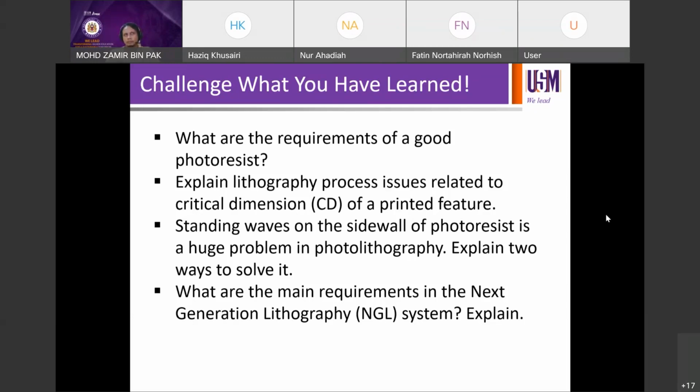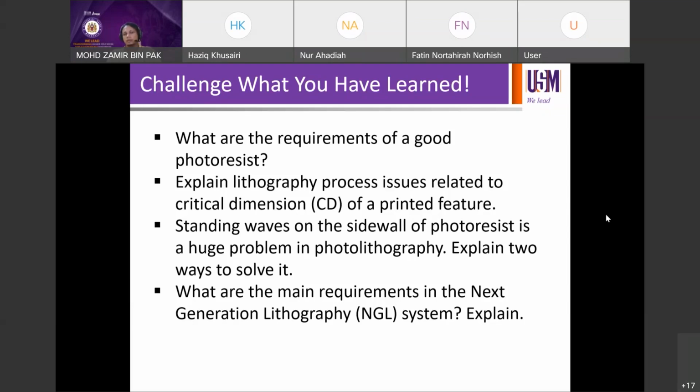They're not uniform. It happens because of constructive, something like constructive waves because of reflection, yes.